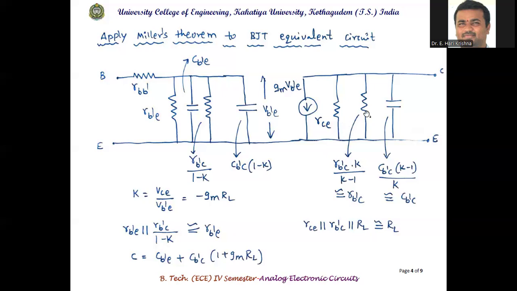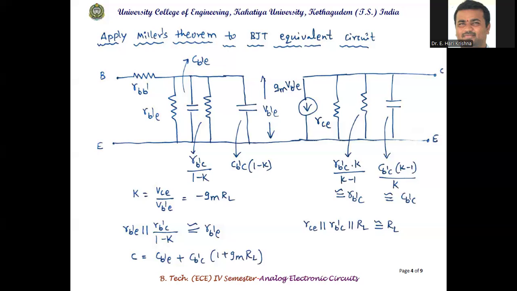And similarly towards the output side, the capacitance is CB'C into (K minus 1) by K, and the resistance is RB'C into K by (K minus 1). Because K is a very high value, K is approximately equal to K minus 1, so K and K minus 1 get cancelled. This value is RB'C, and similarly CB'C. On the output side, RC is a very high value, RB'C is a very high value, and RL is a small value, generally ranging from 1 kilo ohm to 10 kilo ohm.